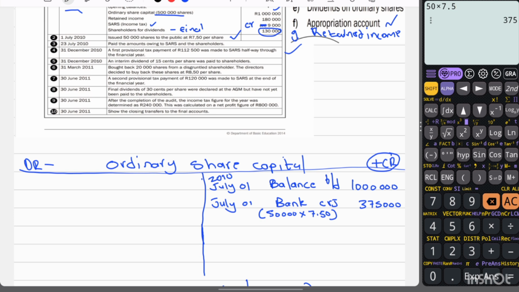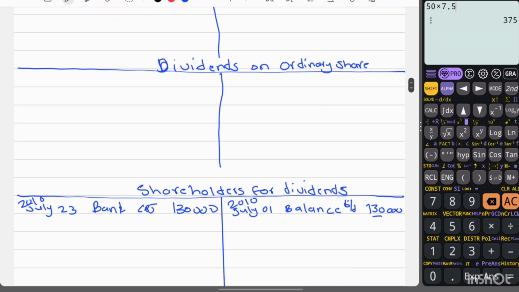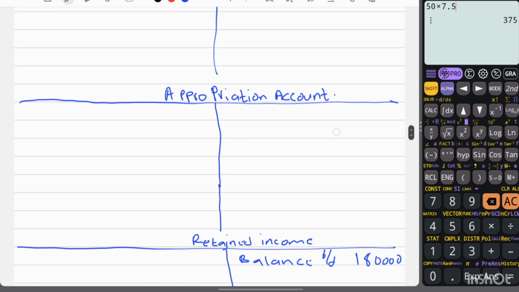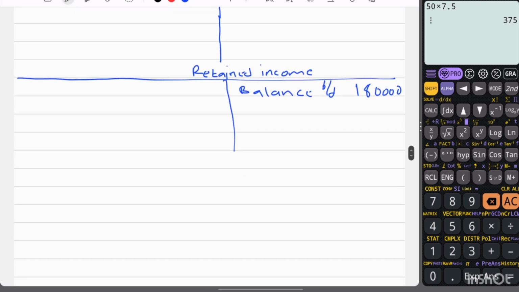Alright, now we do have what we call our ordinary share capital. But in this case, I always prefer to do the note, not the ledger account, for ordinary share capital. I'm going to do the note here for ordinary share capital.